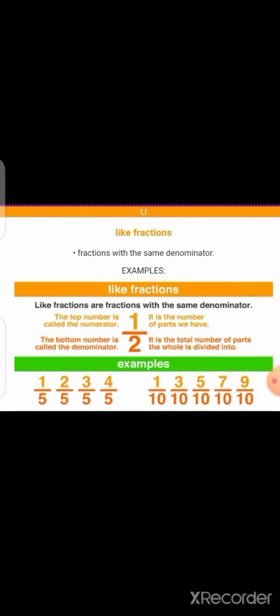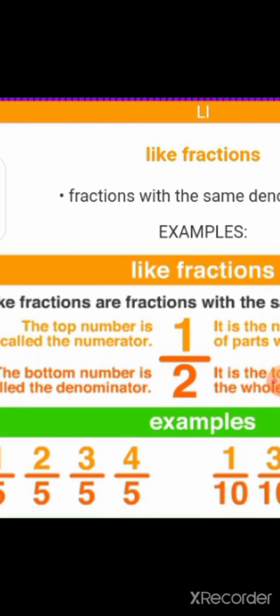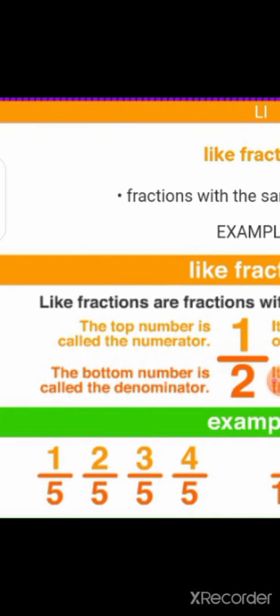Next is like fractions. Fractions with the same denominator. Examples of like fractions are: when you have the same denominator, that is called like fractions. In the example, 1 over 5, 2 over 5, 3 over 5, 4 over 5.